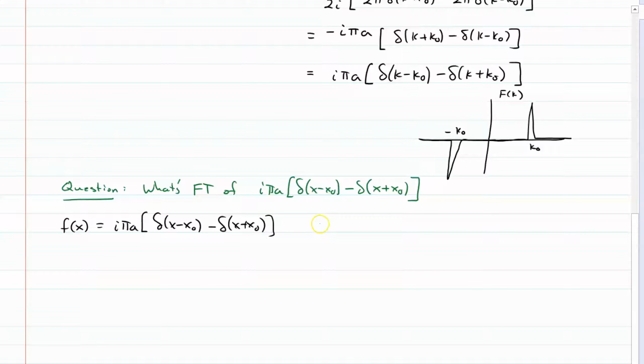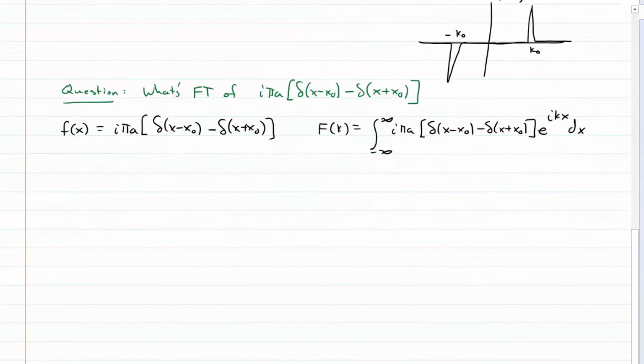What's the Fourier transform, F of k? It's the integral from minus infinity to infinity of i pi a times those delta functions times e to the i kx dx. Right? Okay, so there's two integrals. Let's bring the i pi a out in front.